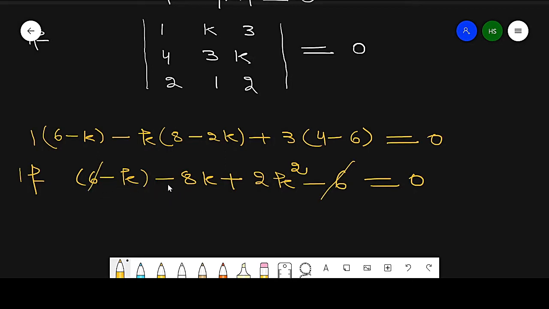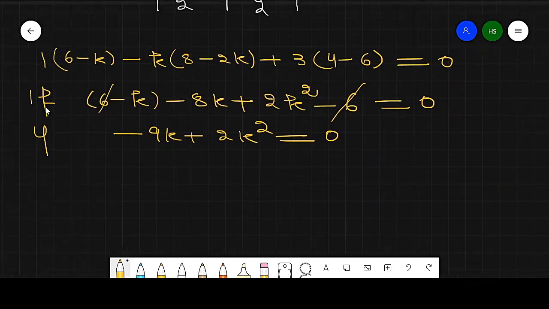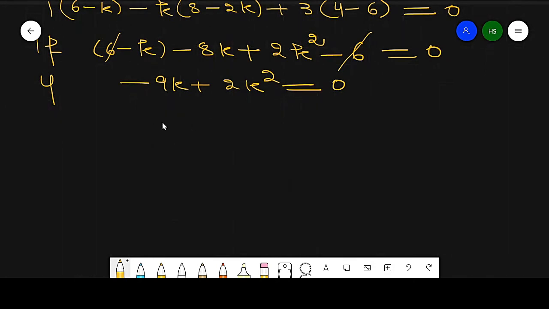So this is minus 9k plus 2k square equal to 0, so it has two values. This can be written as k into (2k minus 9) equal to 0.